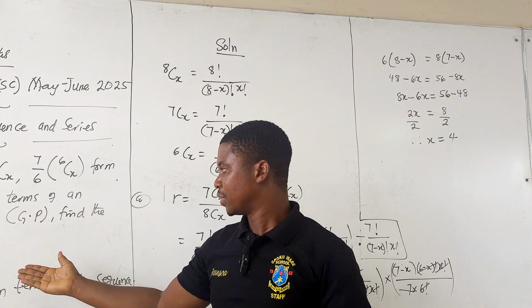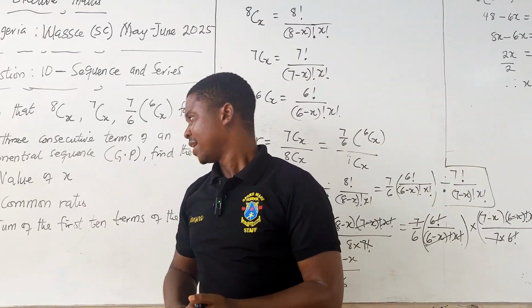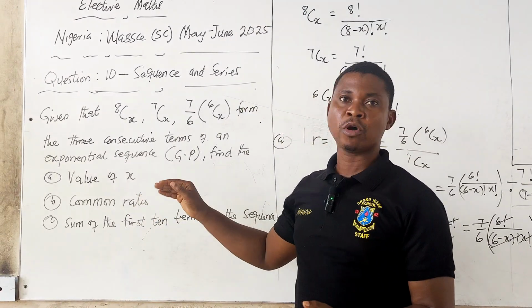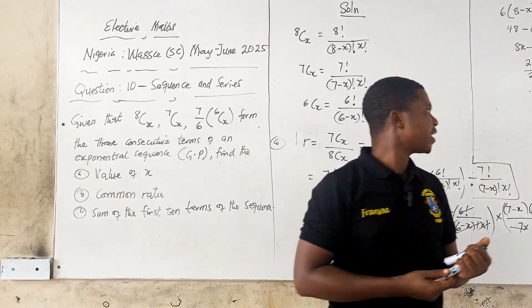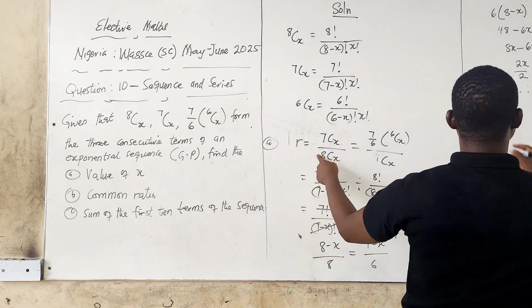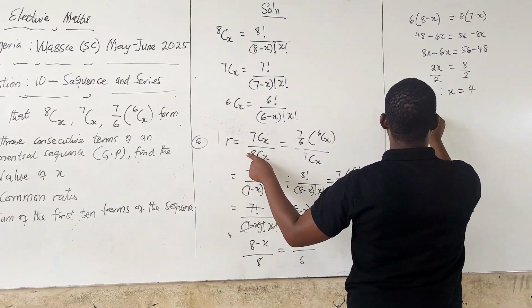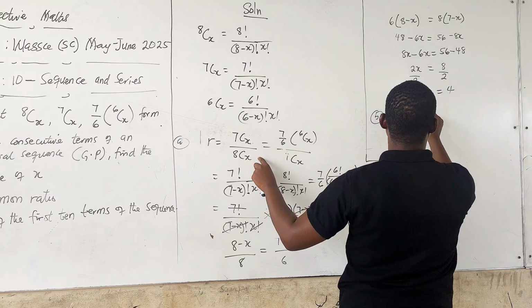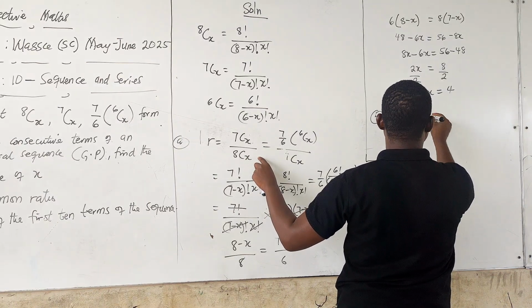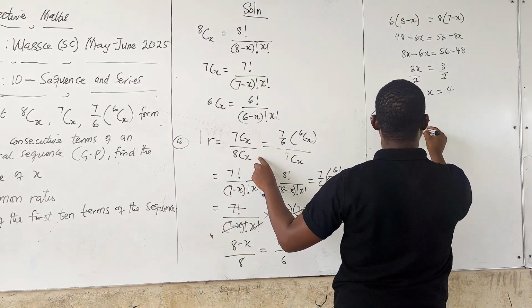Now, the second part, B, we are asked to find the common ratio. The ratio R is equal to, you can pick the first one, 7 combination x over 8 combination x.